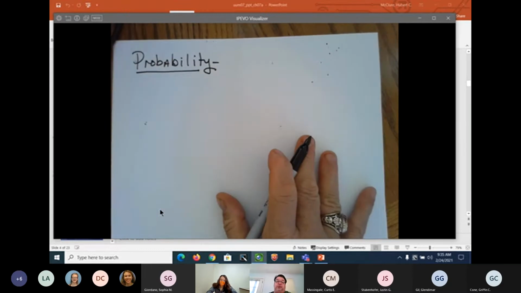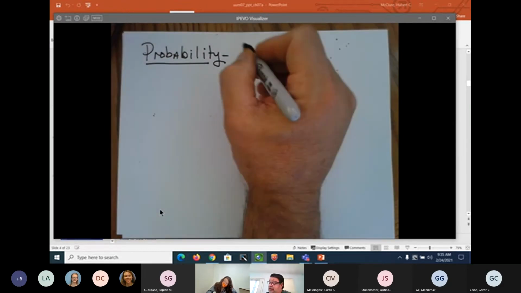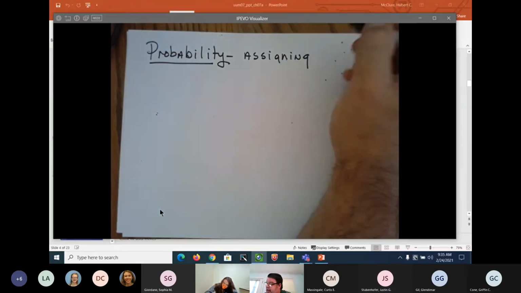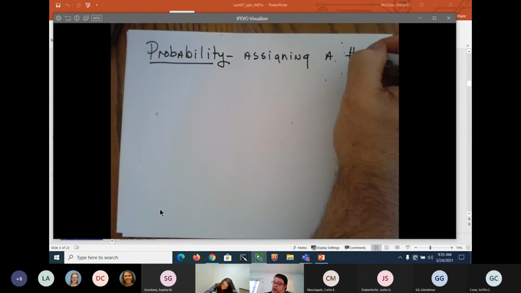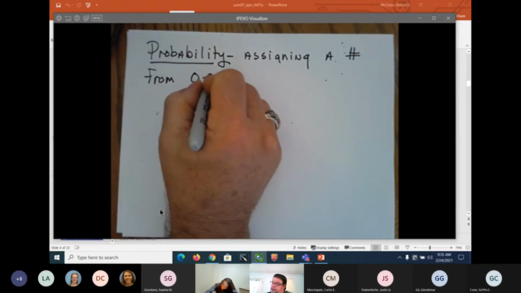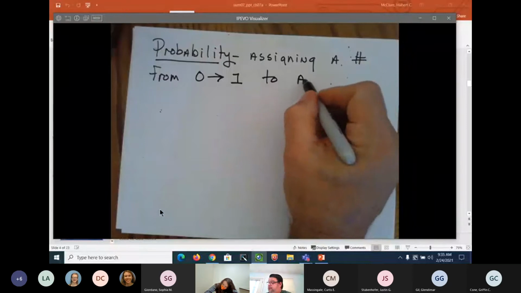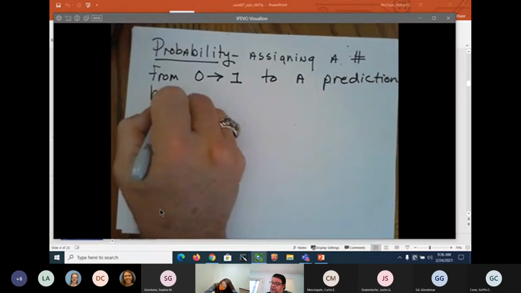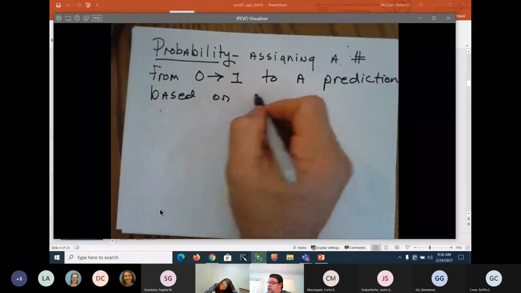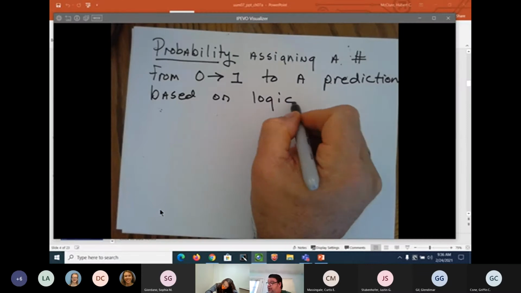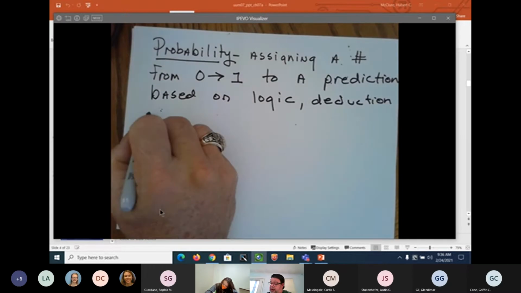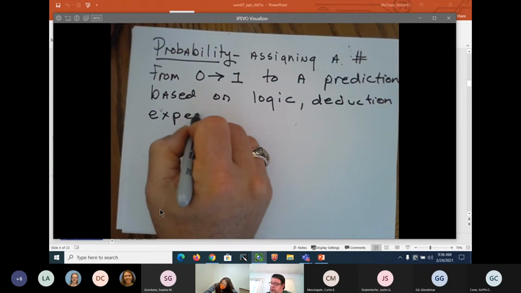Probability, and this is a Hubertism definition, so you're probably not going to see it anywhere else, is assigning a number from 0 to 1 to a prediction based on logic, and you could consider deduction, experience, or math.